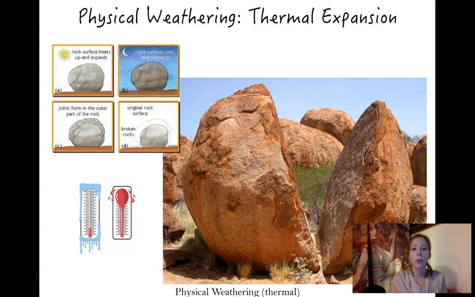So what happens then is the rock surface heats up during the day and it expands, and then it cools at night and contracts, and this expanding, contracting starts to loosen up the outer layers of the rock, and so it breaks apart.